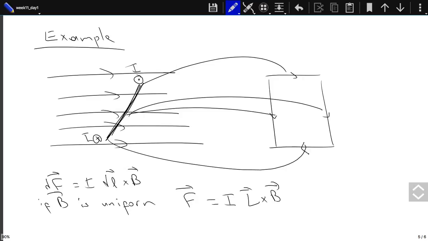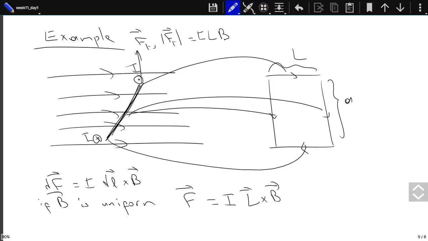What is the angle between I and B? 90 degrees. So the magnitude of the force acting on the top, this is F top, is equal to I times L, let's call this length L, this length A, I L times B.